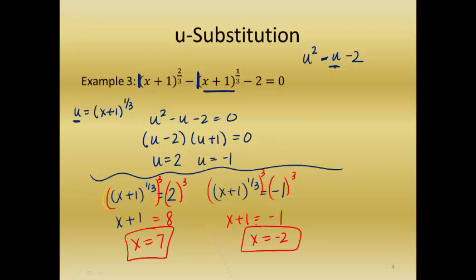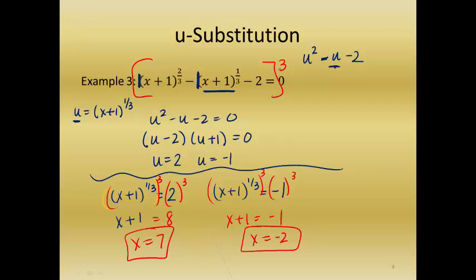I'm going to share with you now what I know students will try to do if they don't watch this video. So when you see your friend who has not watched this and has not paid attention, the first thing they're going to want to do is just cube each part of this. Like literally throw a big cube on here and say, well, I'll just cube it and I get rid of everything.